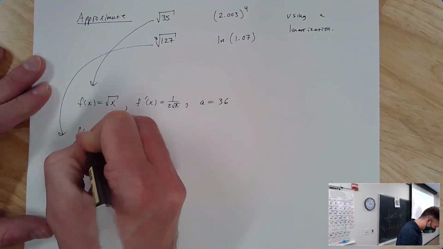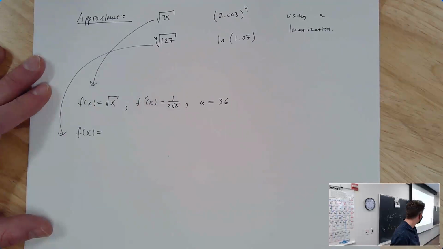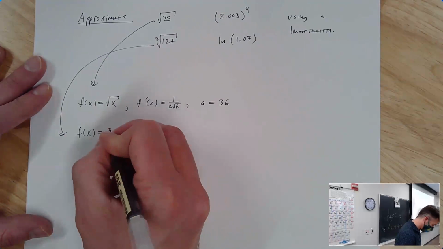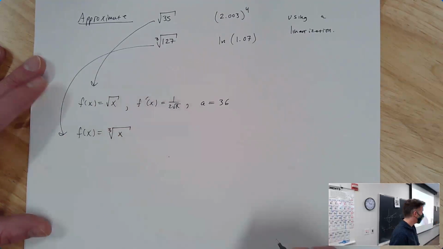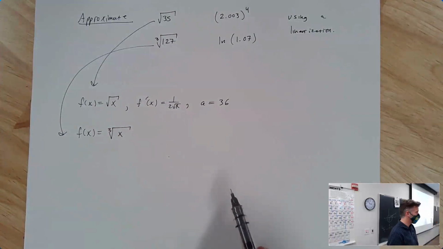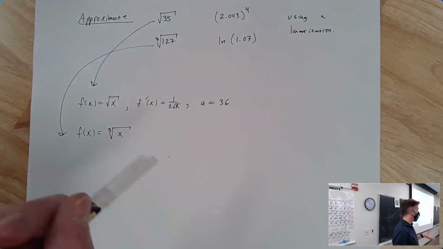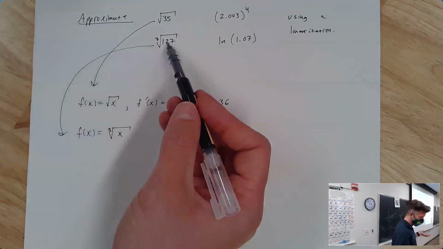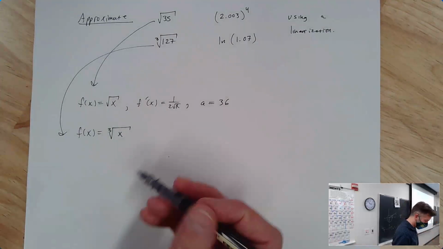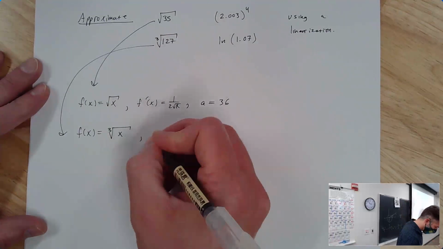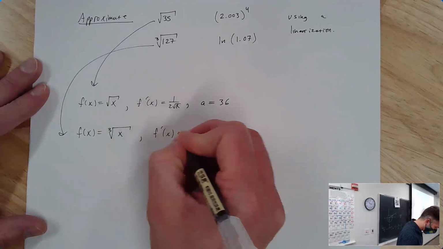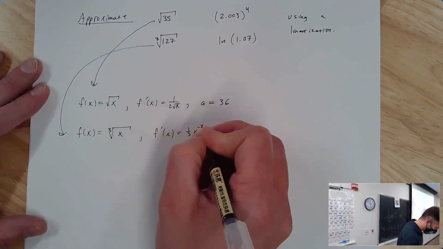My function is what? Right, you're just taking the function, the thing you're asked to approximate, and replacing the numerical value with x. Our derivative here is 1/3 x to the -2/3.